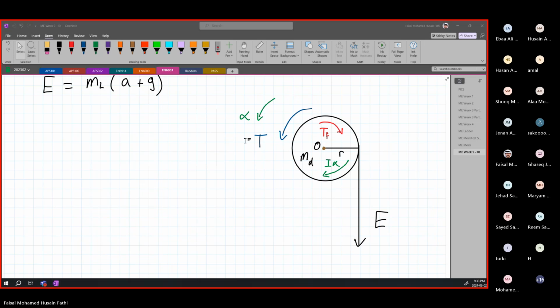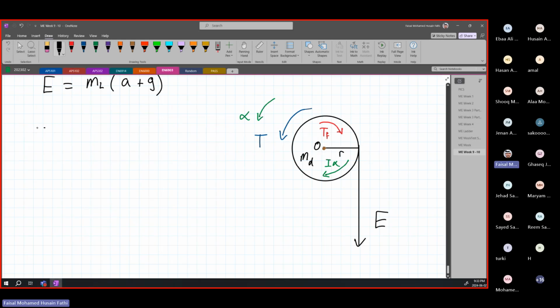This origin, we are going to take the moment about it. So sigma moment about O is going to be equal to 0. And now we need to identify our positive and negative directions and all of that. Let's say that we take counterclockwise as positive. All right, it doesn't matter which direction you take as positive. You take one of them as positive and you solve.